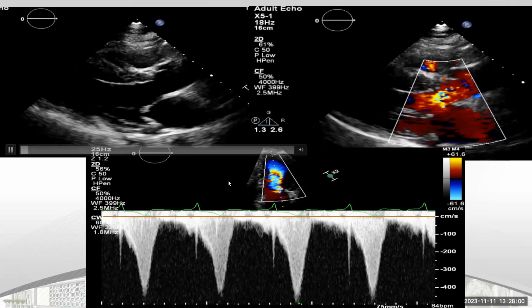15 is enough. By definition, HOCM, if you have more than 14 millimeter of thickness, and it should be asymmetrical. Asymmetrical thickness more than 14 millimeter is typical for septal hypertrophic obstructive cardiomyopathy.